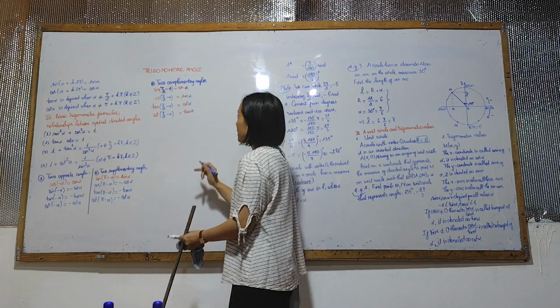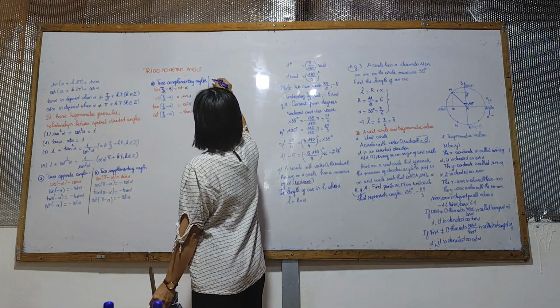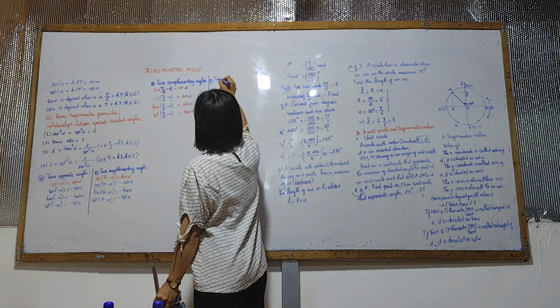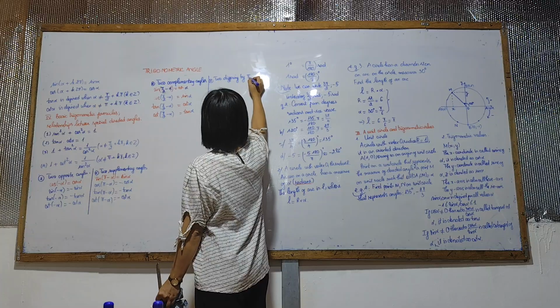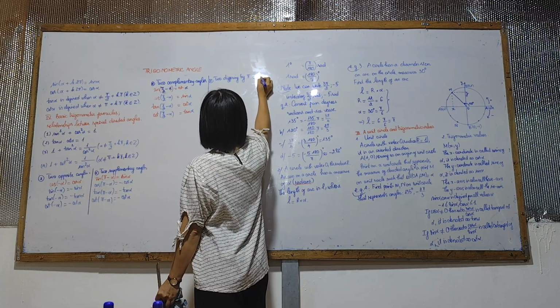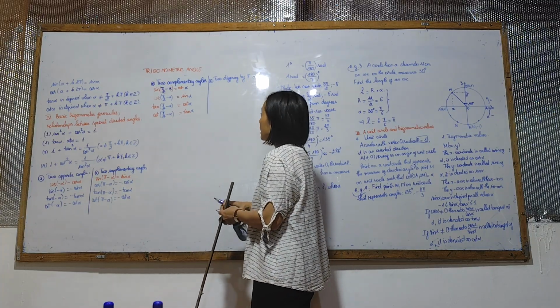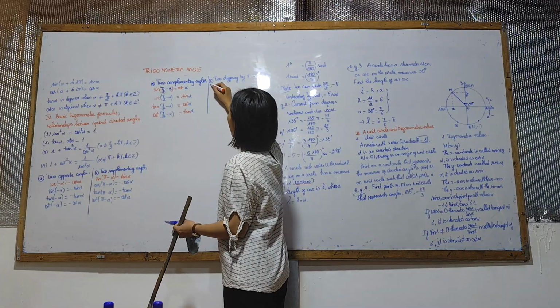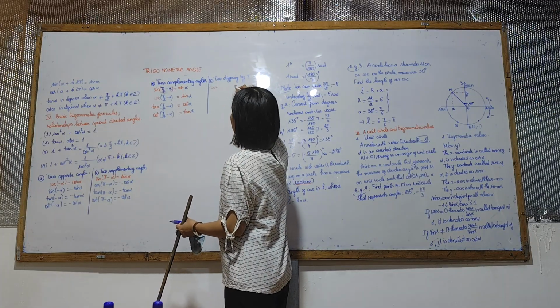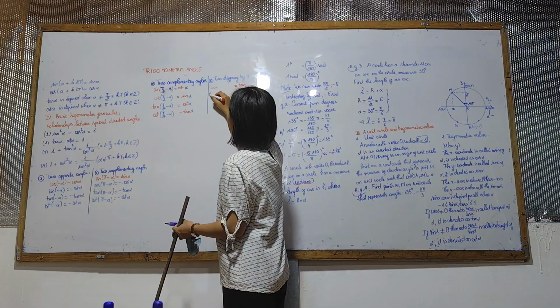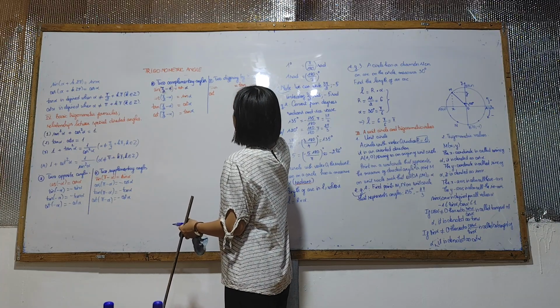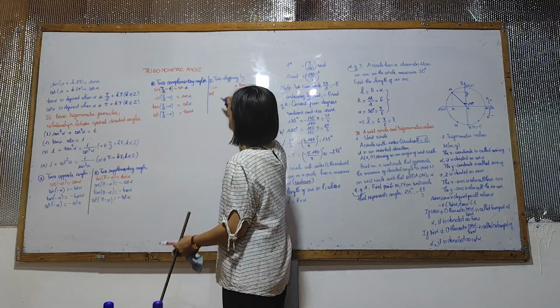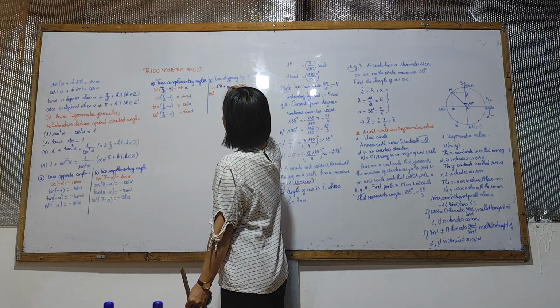Okay, and the last is two angles that differ by pi. We have tangent and cotangent of pi plus alpha.